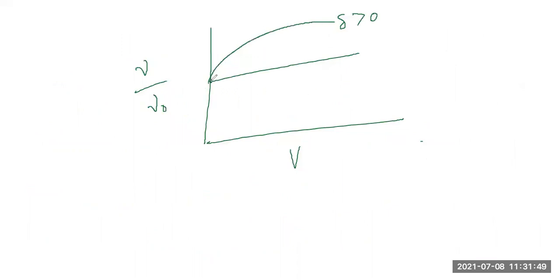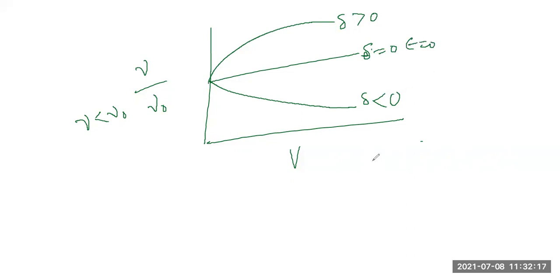And when there is a decrease in the number of moles, this is the graph that shows it. Then this nu would be less than nu 0. That is, this is decreasing, right? And this is for the case when delta is equal to 0 and epsilon is equal to 0, right?